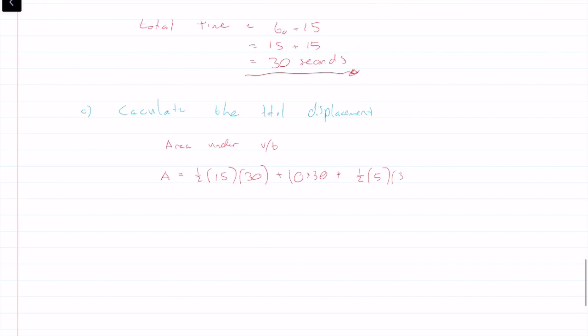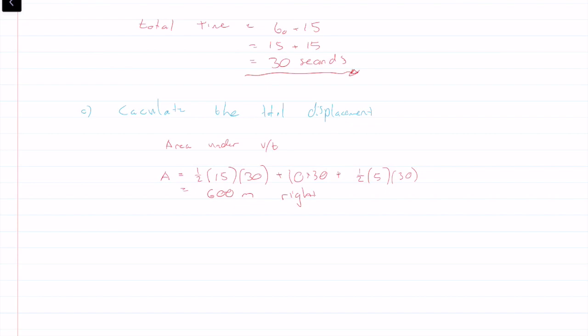So the total displacement is a half times 15 times 30 plus 10 times 30 plus a half times 5 times 30, which gives us 600 meters, direction right. Our area came out positive, so the direction must be right.